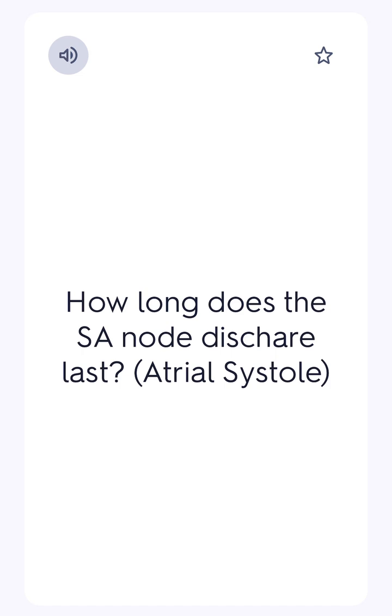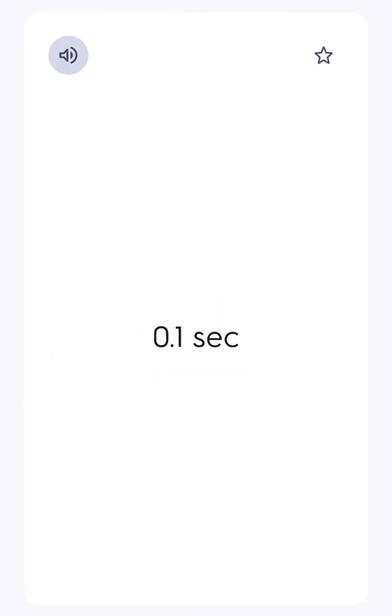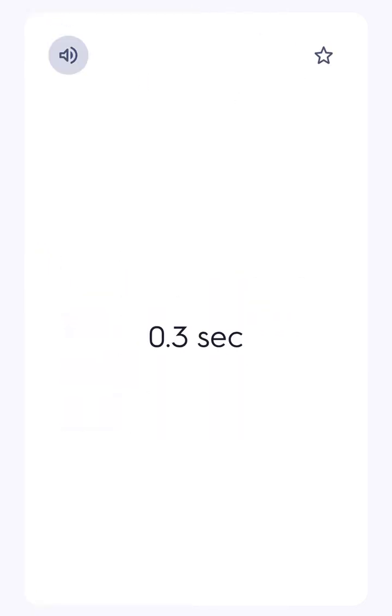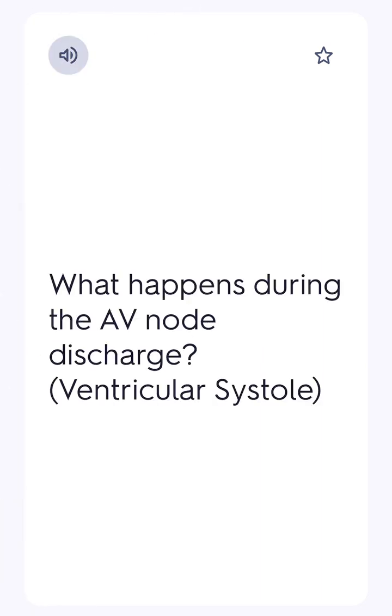How long does the SA node discharge last? 0.1 seconds. How long does the AV node discharge last? 0.3 seconds. What happens during the AV node discharge?